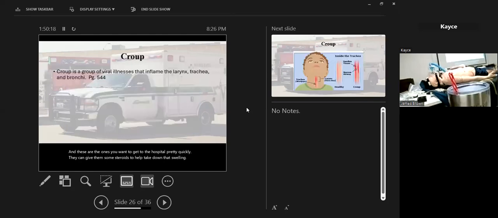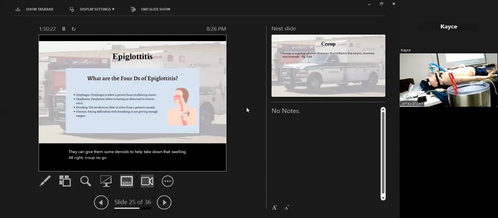All right, croup. But can I ask a question back on that? So what's the biggest indicator in an adult? Somebody who can't swallow, has a hoarse voice, is drooling, with excessive salivation.